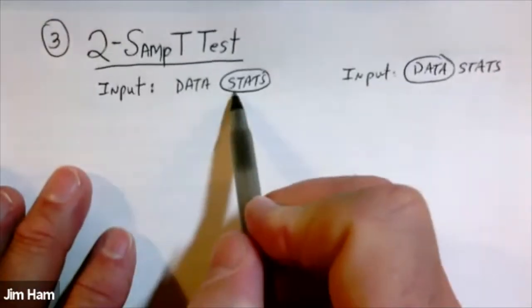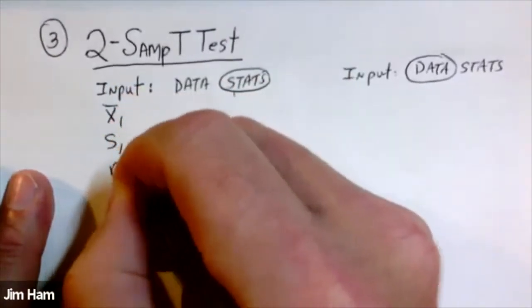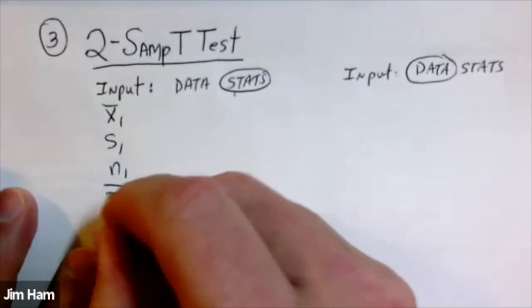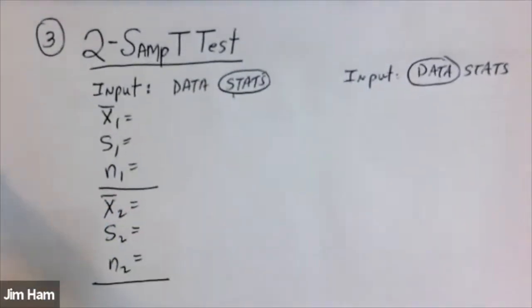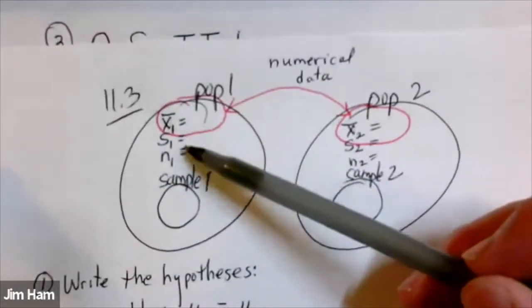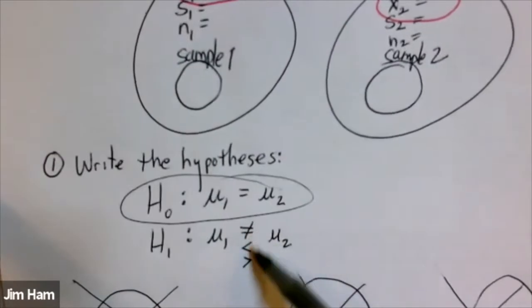All right, if you use the summary statistics, then you have to give X1 bar, S1, and N1, X2 bar, S2, and N2. So you have to type in those 6 values we identified here that you have to provide. The null hypothesis is always the same. It's the alternative hypothesis that changes the sign there.